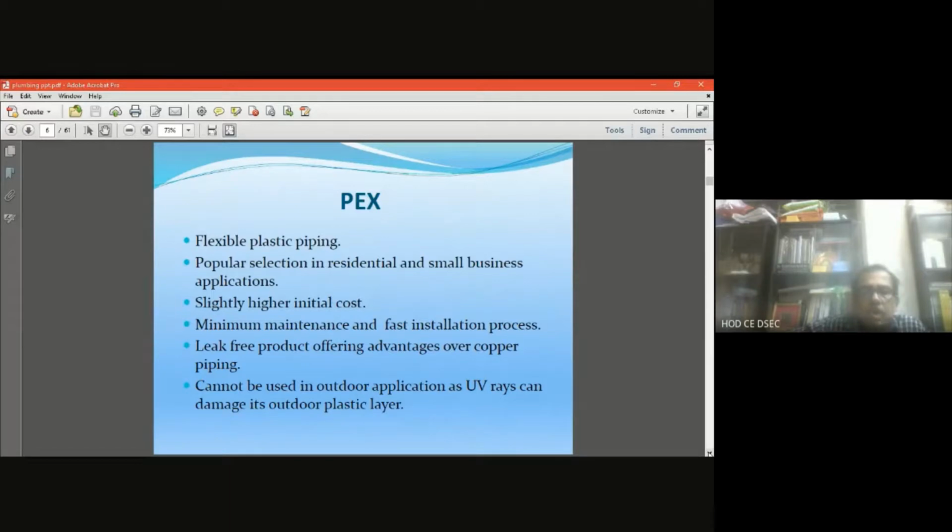It cannot be used in outdoor applications as UV rays can damage it. That's why for the soil pipe laid outside the building, it will always be UPVC, so it will be protected from UV. It is not ordinary PVC, it is UPVC.